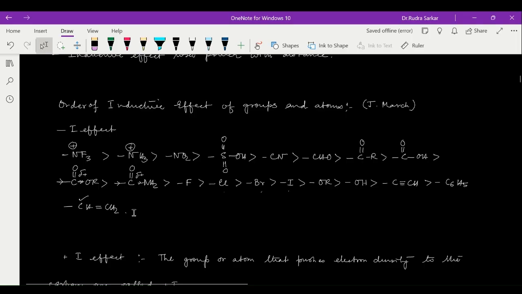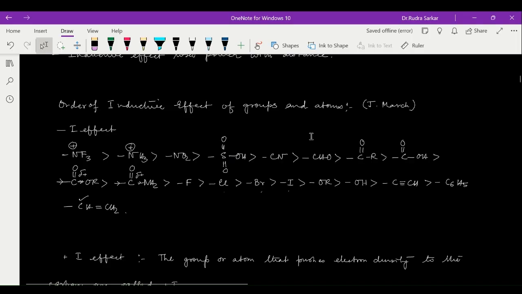So now we have NF3. If you have positive charge, that is having the maximum minus I effect. Then we have this NH3+, NO2, SO3H, CN, CHO, COR.